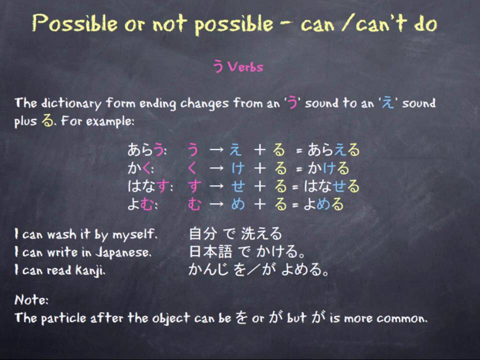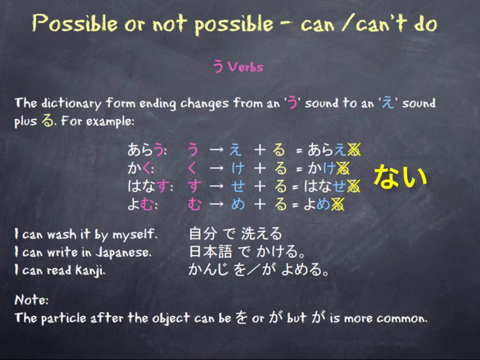Now once the verb is changed into its potential form, it's very simple to conjugate it again into its negative state. So in this case, we've only got the positive states listed. But for example, if you wish to change your u verb from its positive state into a negative state, you again just drop off the ru and add nai.